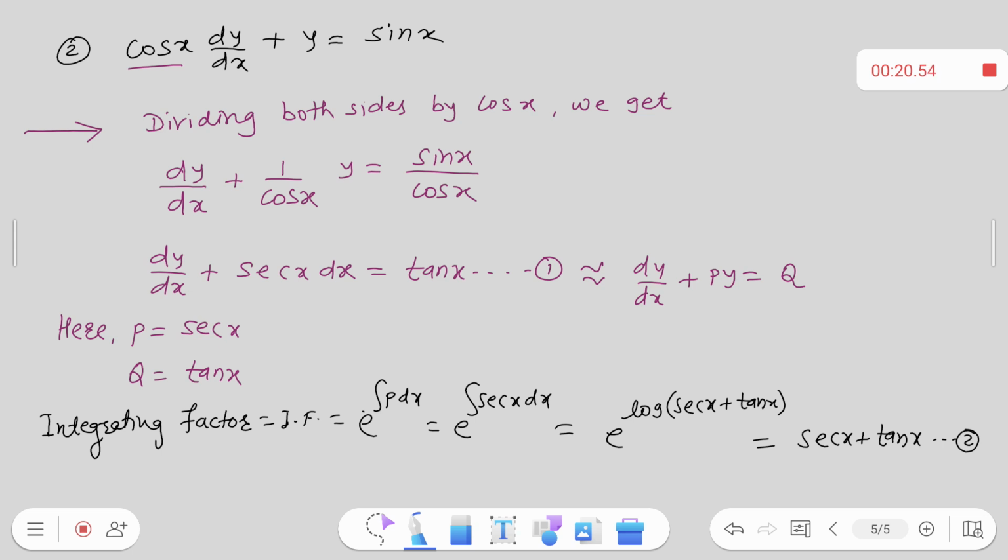Now once we have the integrating factor, use it in the general solution. The integration of sec is log of sec x plus tan x.